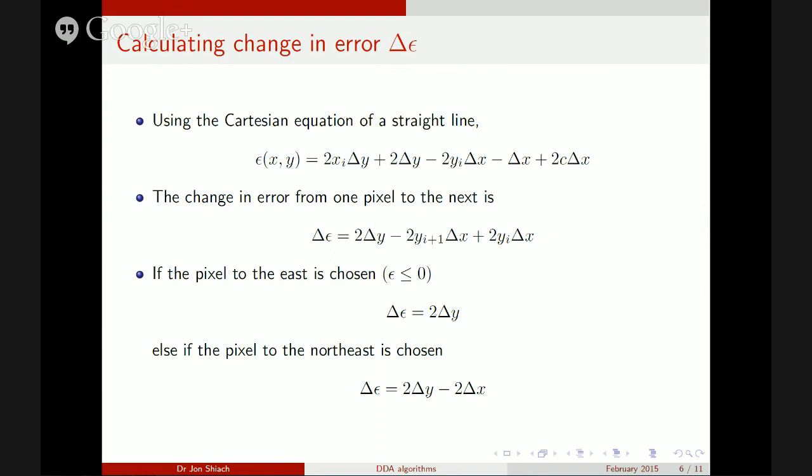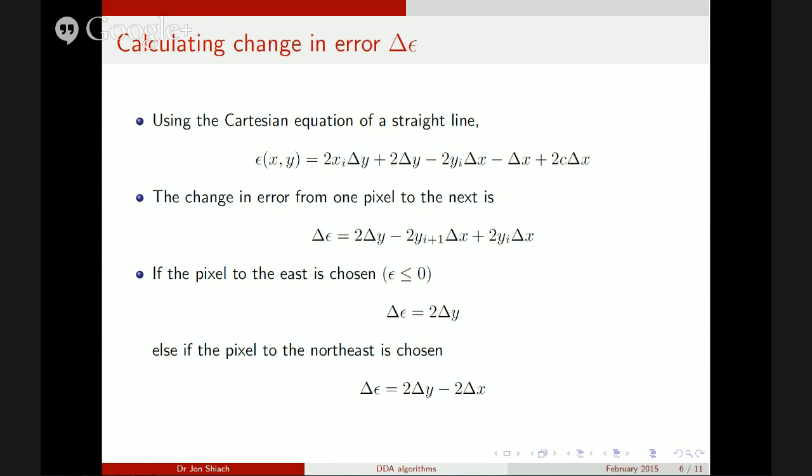What if we went to the northeast pixel? So else if yi plus 1 is equal to yi plus 1, okay, in other words, I'm adding 1, so I'm going up 1. Okay, the change in the error if I went to the northeast pixel would be this, but instead of yi plus 1, I substitute that in.